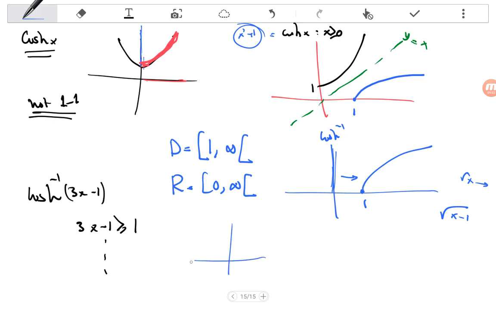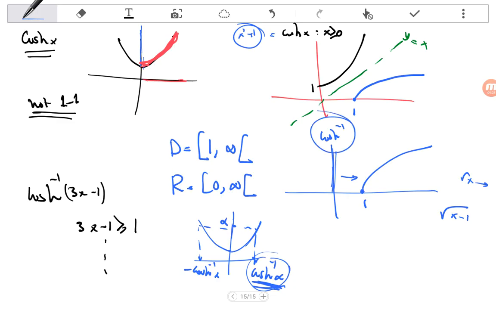And whenever I give you this value, for example, this one is just the cosine inverse of alpha, and the other x is just the negative of that one. So a cosine inverse must have a positive value.